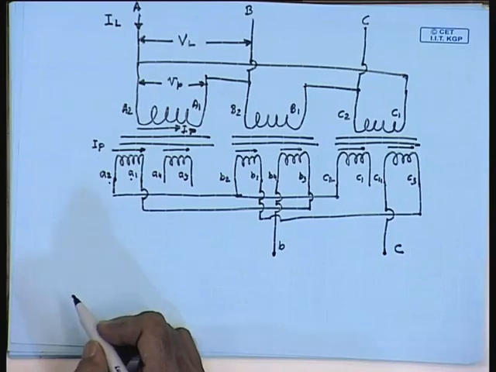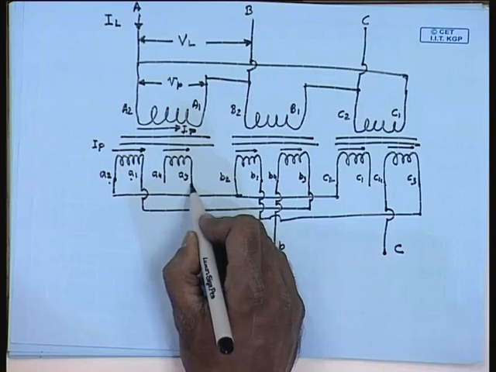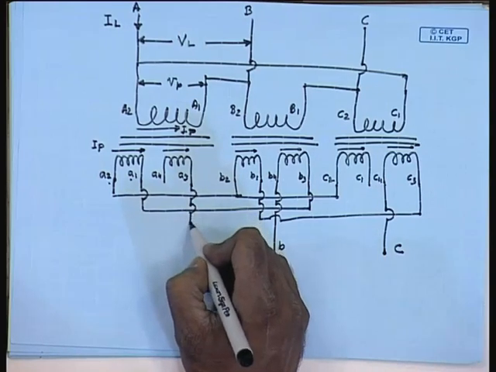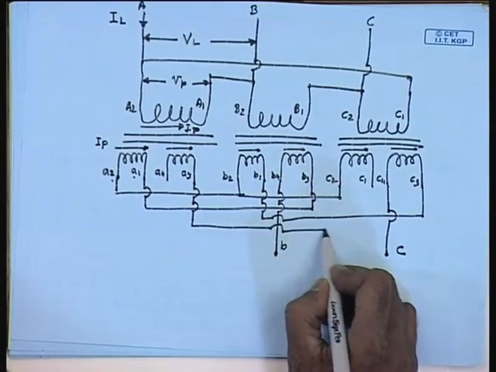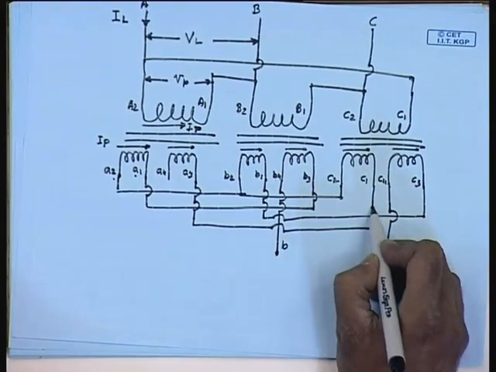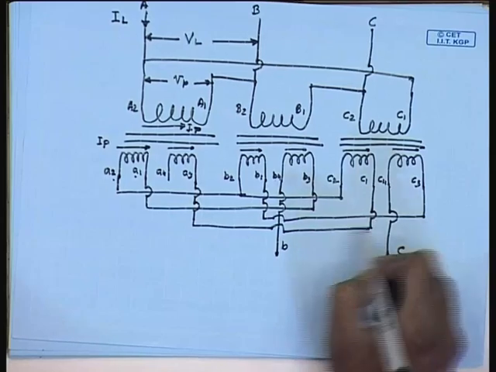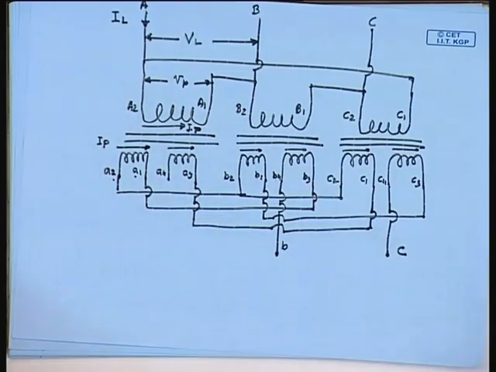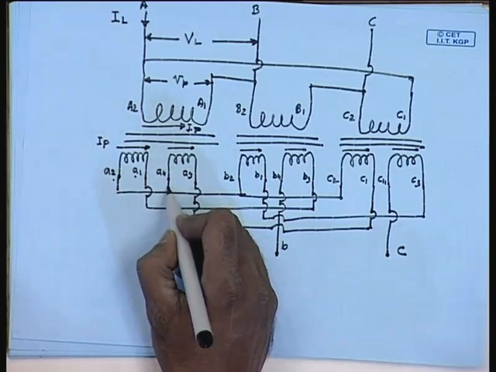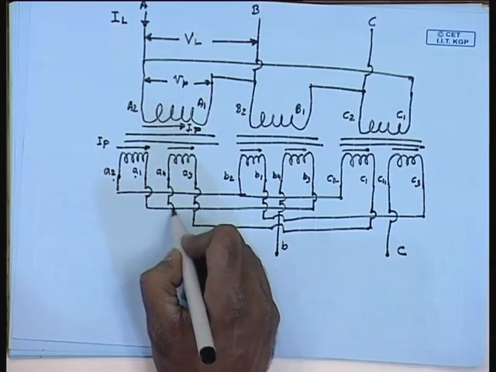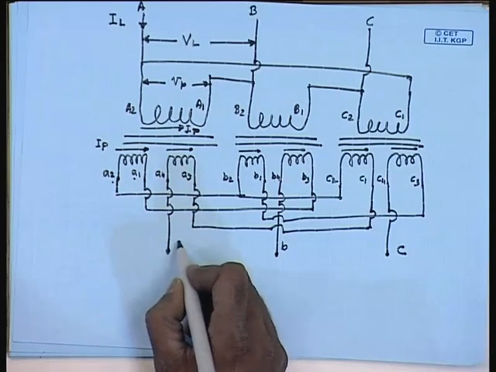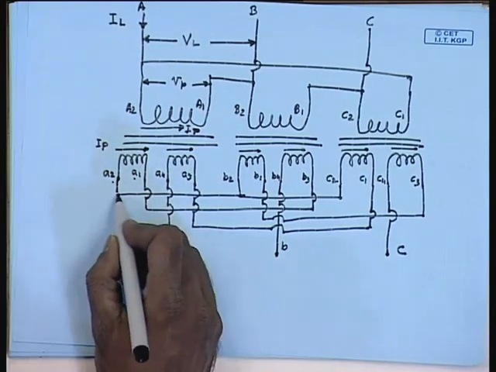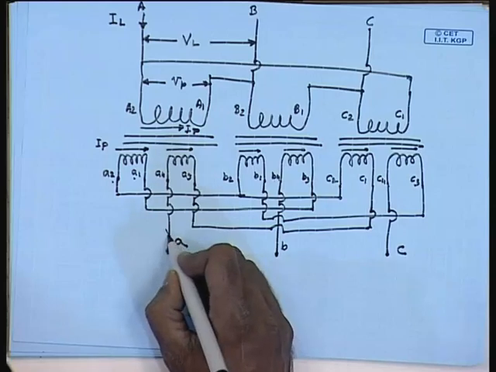Terminal C1 is connected to A3. And the A phase connection comes out from A4. So, these are the line currents I L.